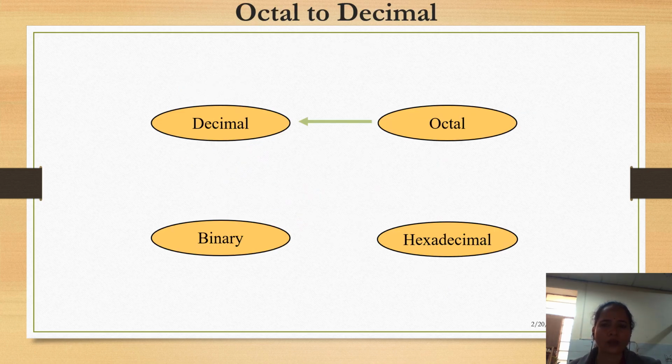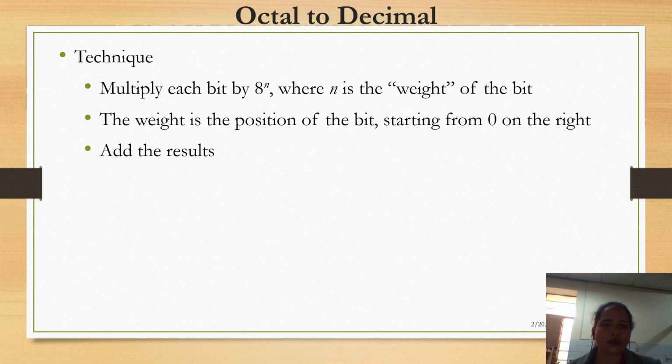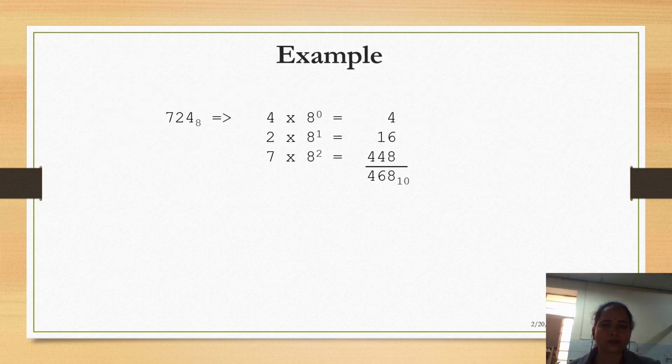Now octal to decimal. In octal to decimal, we just multiply each bit by 8 to the power n. Here the base is 8 and we want the decimal representation. Do the same thing: first assign the weightage to each digit.